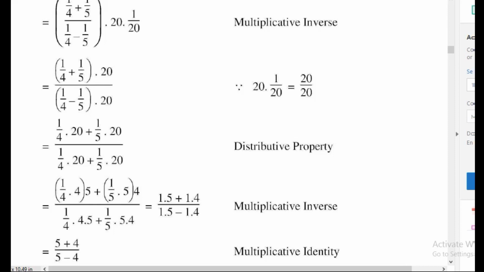So multiplying numerator and denominator by 20: (1/4 + 1/5) into 20 divided by (1/4 - 1/5) into 20.